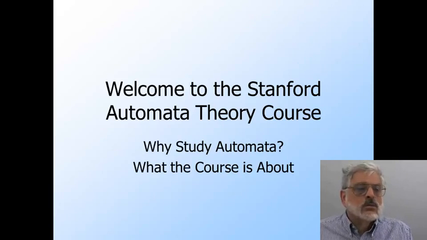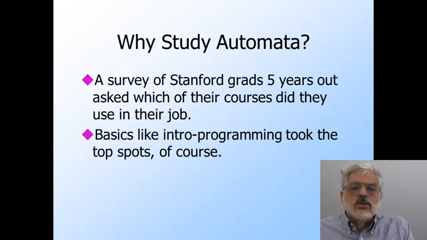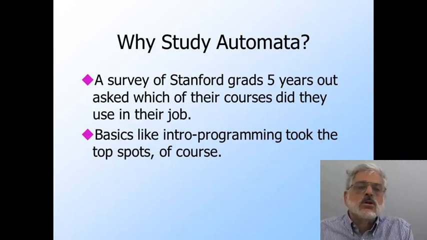A number of years ago, Stanford took a survey of its graduates 5 years after they got their undergraduate degrees. What they wanted to find out was whether Stanford was teaching stuff that they actually used in their jobs. So computer science graduates naturally cited our introductory programming courses as the one they used most. No surprise here.